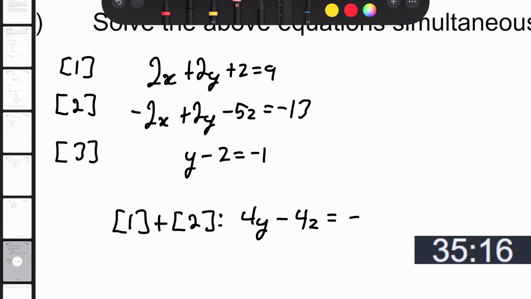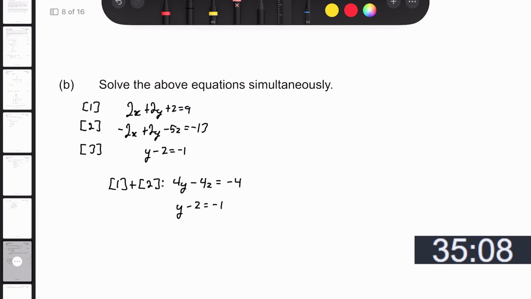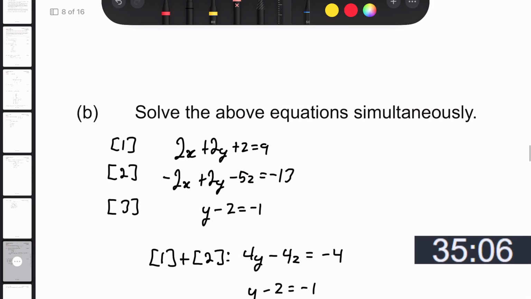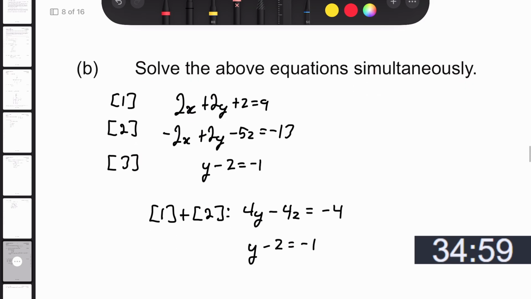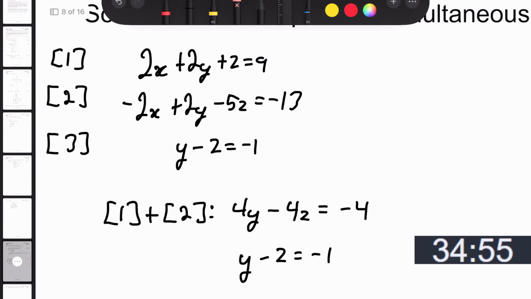So this is going to equal negative 4. So then y minus z equals negative 1, which is exactly the same as the third one.